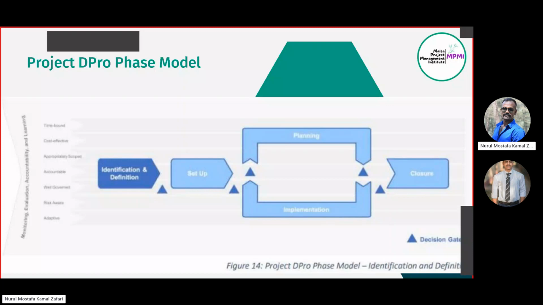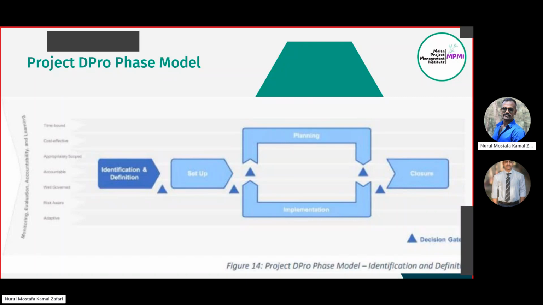The organization's name is PM4NGOs, which is registered in USA. So the DPRO guide is the guide that frames and organizes the project management knowledge that is applicable in the development sector and the emergency or humanitarian sector.